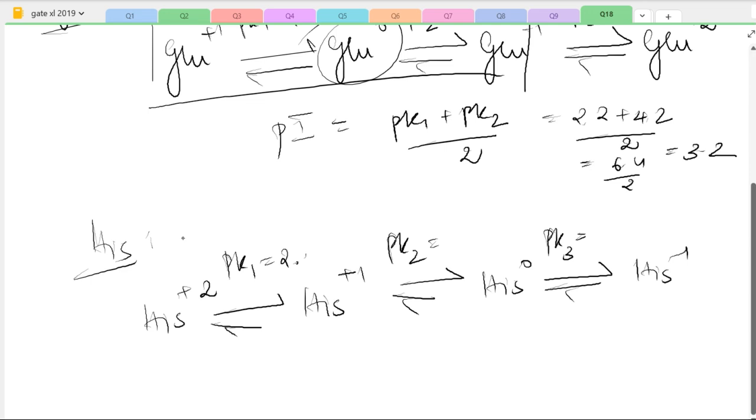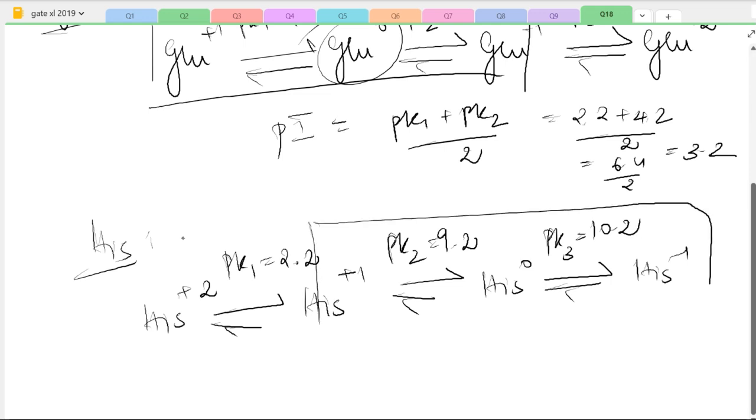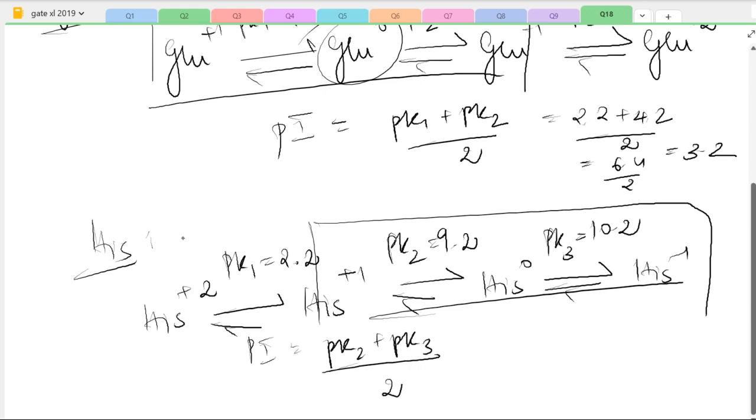That will be 2.2, this will be 9.2, and this will be 10.2. And similarly you should take this one, so pI is equal to (pK2 + pK3) divided by 2, which is (9.2 + 10.2) divided by 2, which is 19.4 divided by 2, which is 9.7.